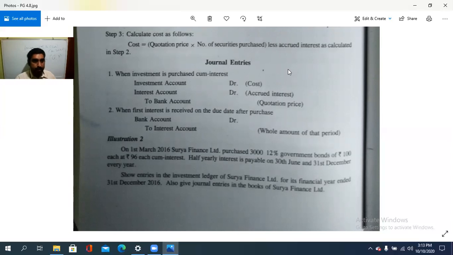Cost price plus accrued interest is there, so that is to be separated. The quotation price involves the cost price as well as the interest accrued. So the entry is investment account debtor with the cost price, interest account debtor with the accrued interest, and in case of dividend, dividend account debtor, to the bank, that is the quotation price. And when the first interest is received on the due date after purchase, then bank account debtor to interest account with the whole amount for that period.